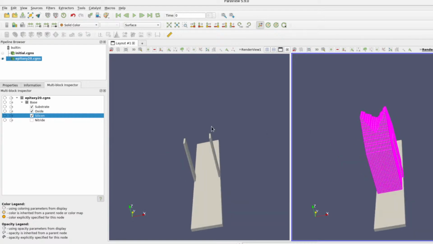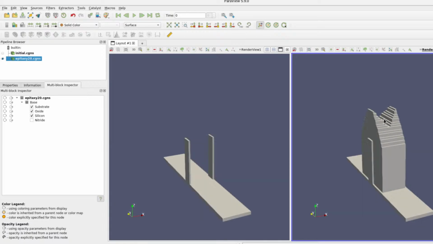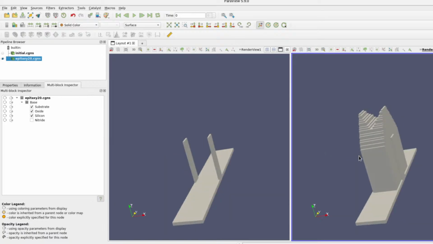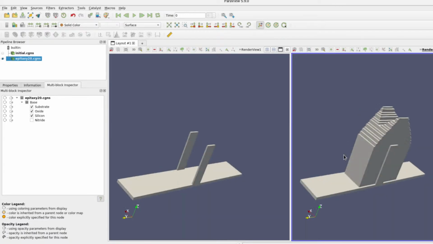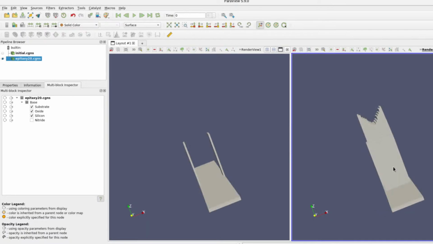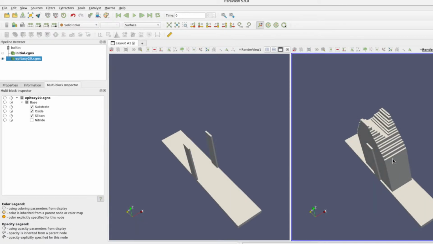Here we have a certain very clear surface, and this surface is corresponding to the 111 direction. Also here we have the same surface, and also here, and here we have another one.